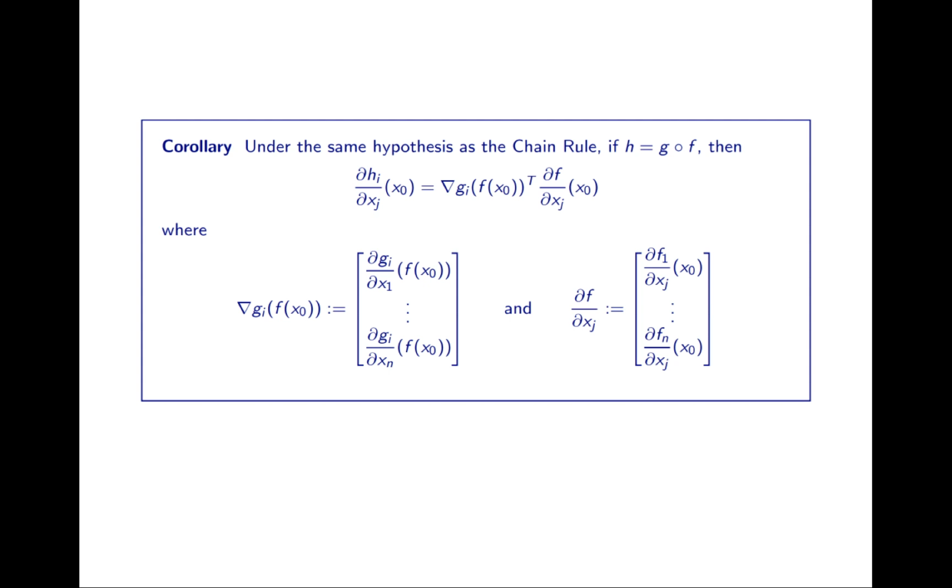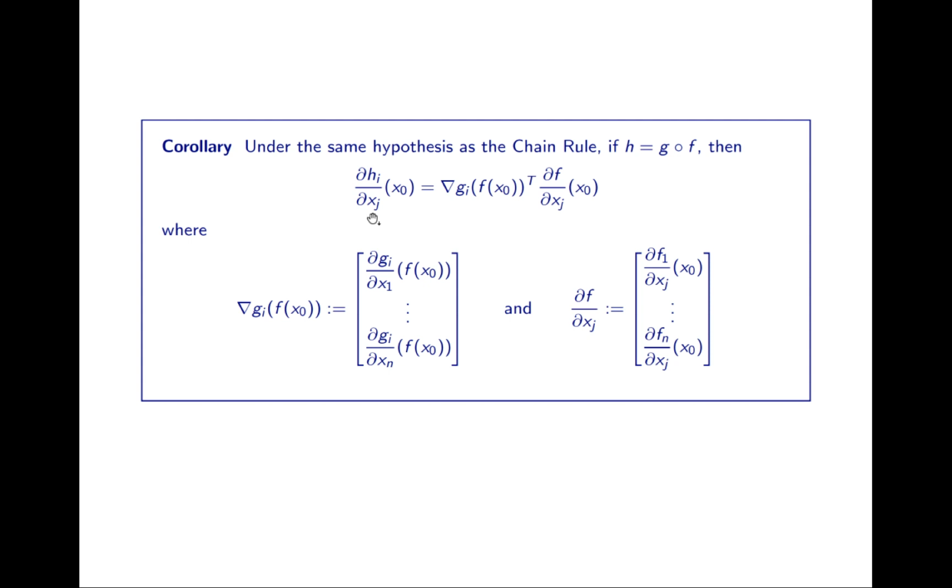Now, suppose I don't want the full Jacobian of h. Suppose I don't want to go full Jacobi. I only want the partial derivative of the ith entry of h in the direction of the jth coordinate. So I just want a single partial derivative.